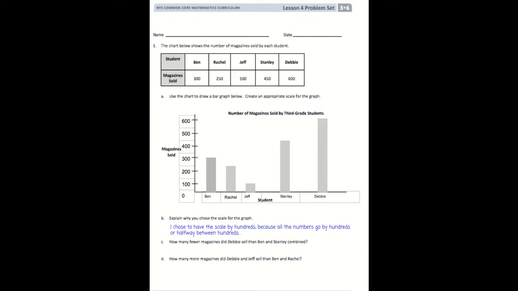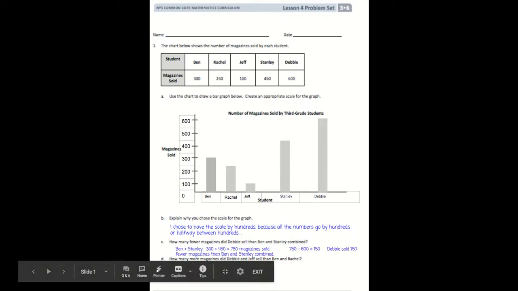You may have chosen a different way to do this. C is how many fewer magazines did Debbie sell than Ben and Stanley combined? So the first thing I'm going to have to do is figure out how many Ben and Stanley sold together. So Ben sold 300, Stanley sold 450. So together, Ben and Stanley sold 750 magazines.